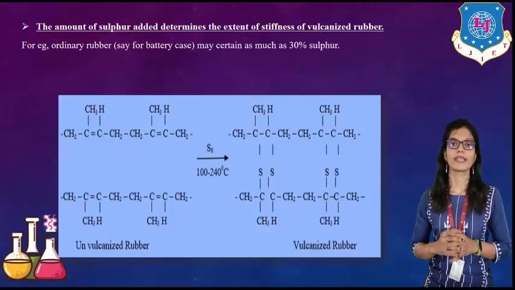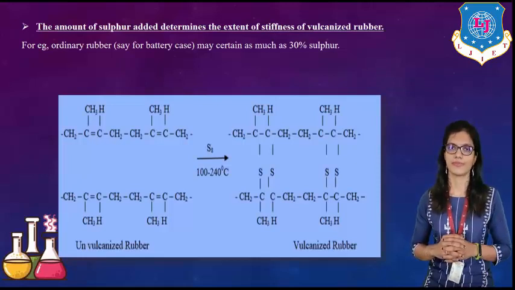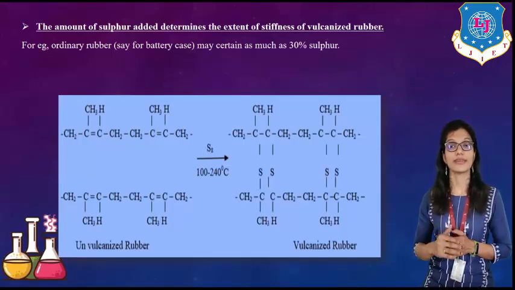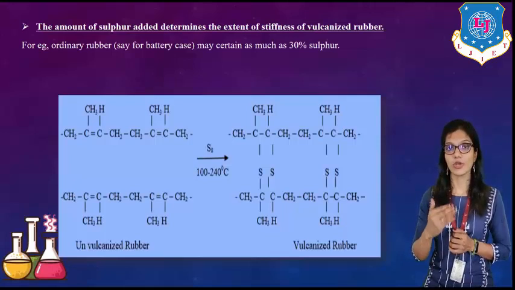For example, ordinary rubber, say for battery use, may contain as much as 30% sulfur, and another one can contain a lesser amount of sulfur. So it depends on what the application is and where you want to use it.